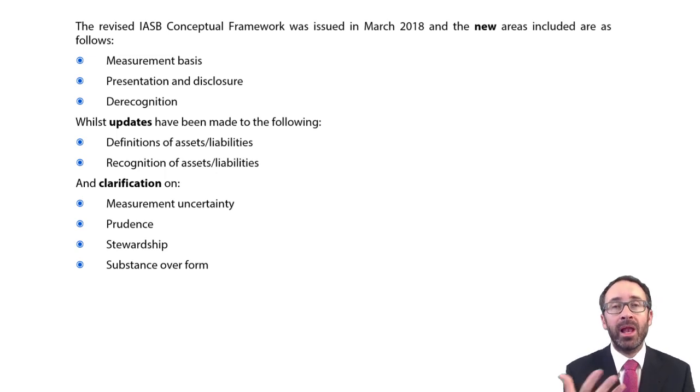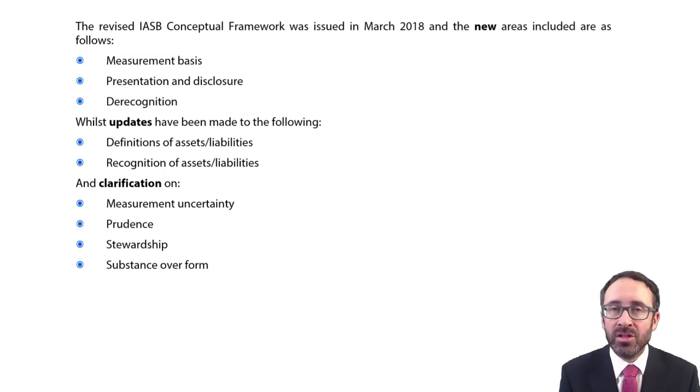So you were having to apply the rules and the criteria of the conceptual framework to scenarios relating to, say, inventory and IAS 2, property, plant and equipment and IAS 16, and some of the more complex standards you saw within FR, such as provisions and IAS 37, intangibles and IAS 38, and even, though you don't see it much in financial reporting, financial instruments with regards to IFRS 9.